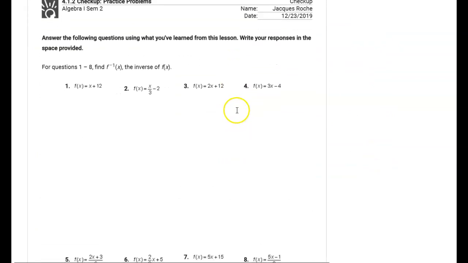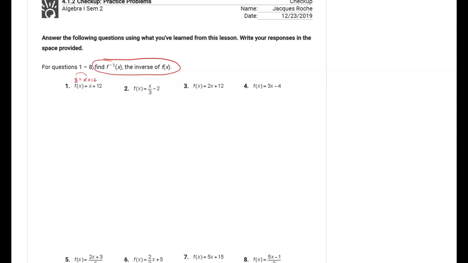So now let's look at some checkpoint problems or practice problems. If we want to find the inverse of a function, this is like that first example we did. All I would do is rewrite this as y equals x plus 12, instead of f of x. Now we're going to flip-flop these variables.